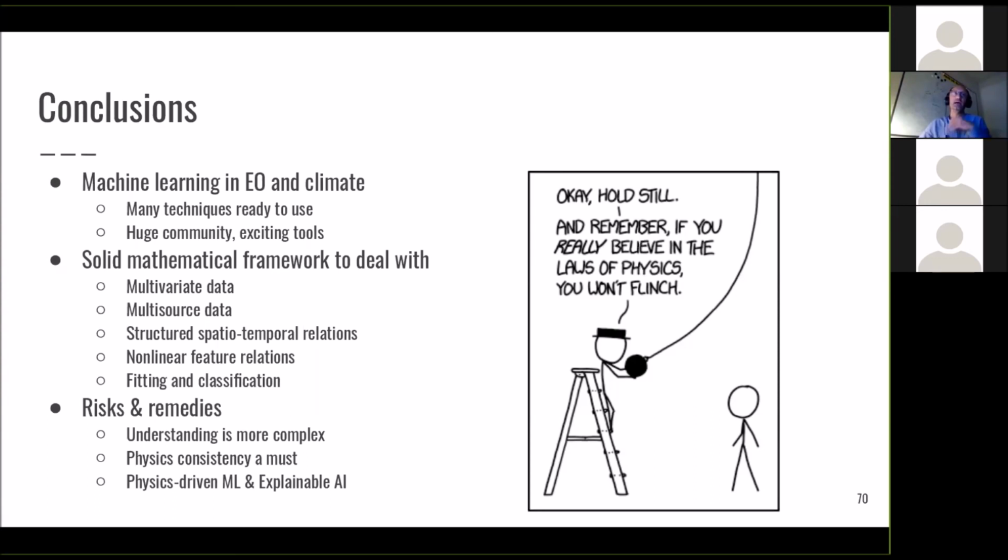It can handle structured and non-structured data, account for non-linearities, for non-causality, but also there are some risks and some remedies as well. Okay, so explainable AI, automatic machine learning, causal inference, and physics-driven, physics-guided, physics-aware machine learning are the three main topics that we will see in the near future.